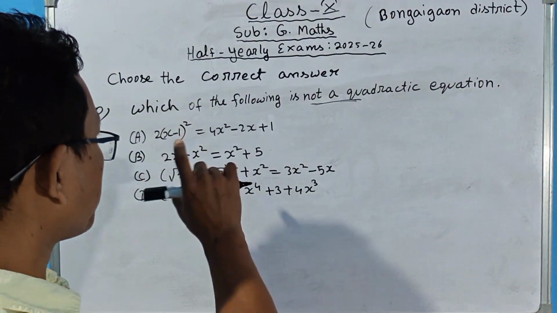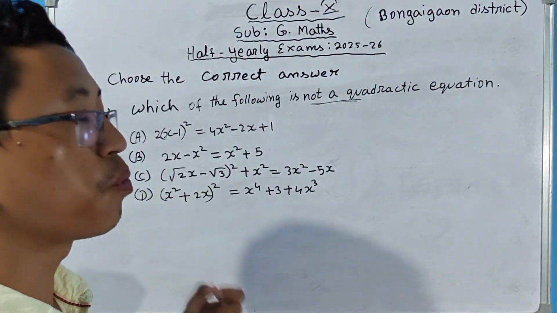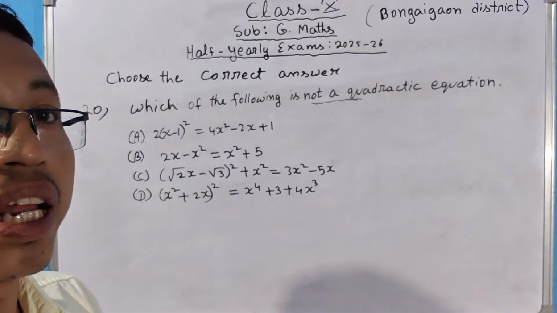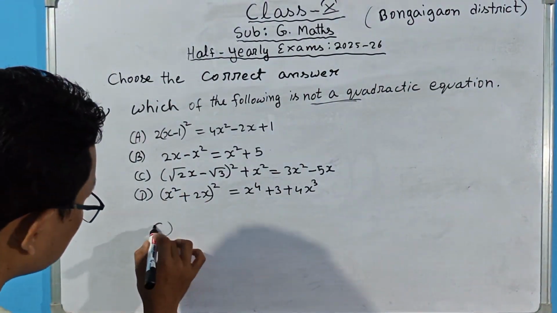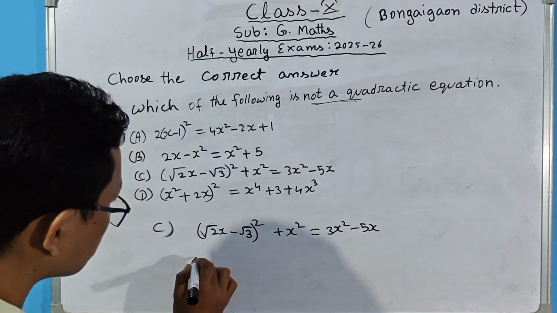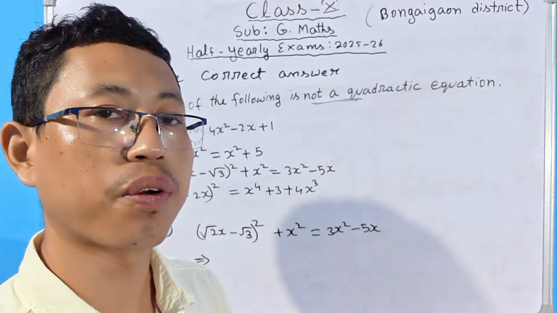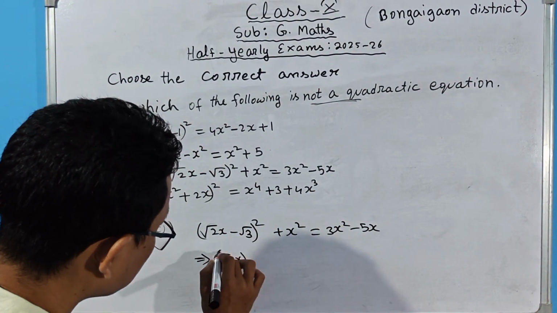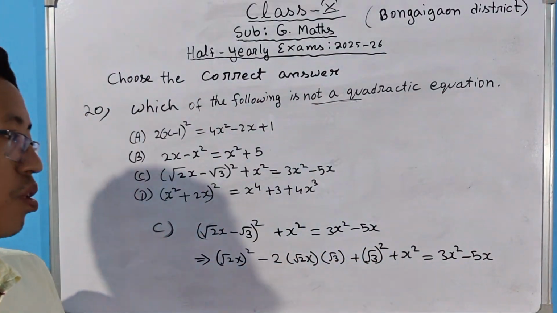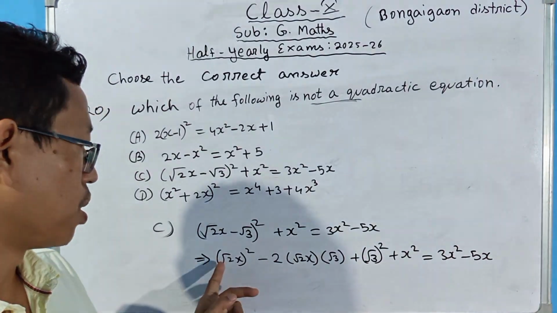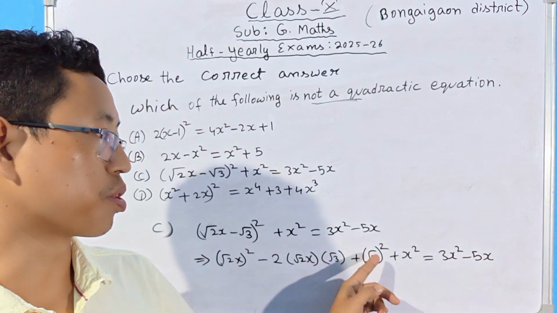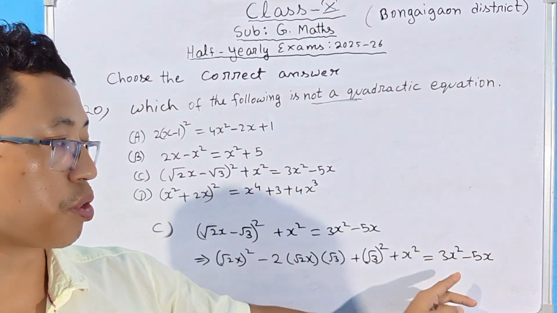So let's see in which option it's possible, that we check first. Like first I see here, if you see all the 4 options, option C, let's see first. Applying the formula A minus B whole square, we get root 2x whole square minus 2 root 2x root 3 plus root 3 whole square plus x square equals 3x square on the right.